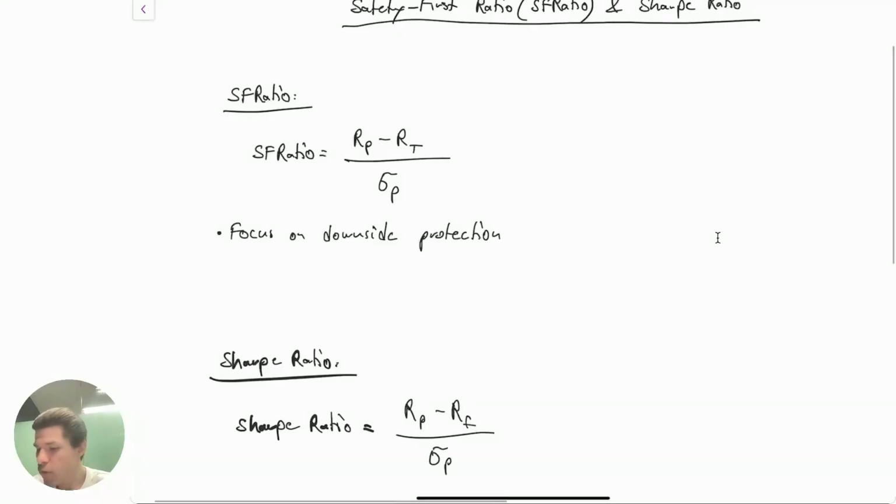The safety first ratio focuses on downside protection. It is used by investors who have a minimum required return and want to minimize the risk of falling below that threshold.